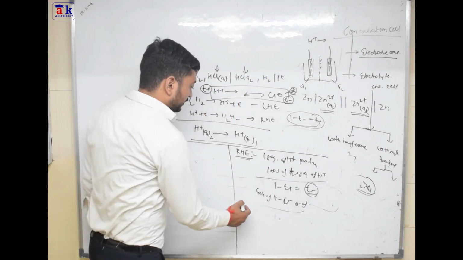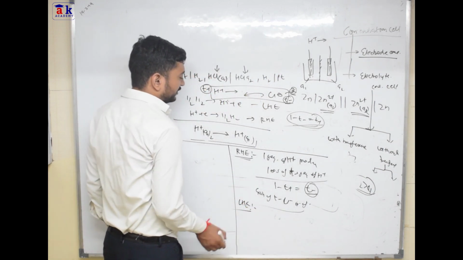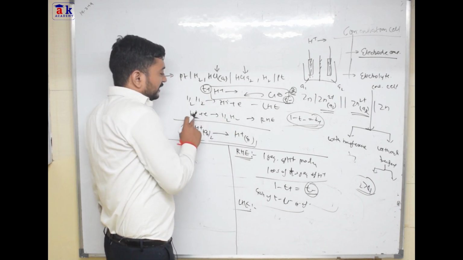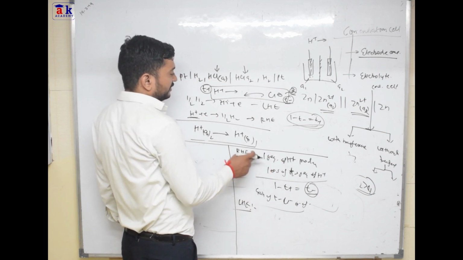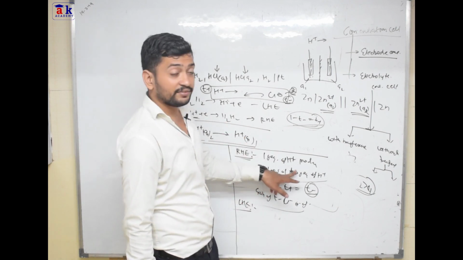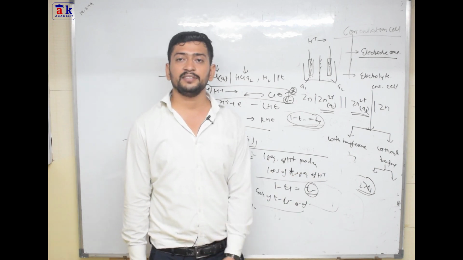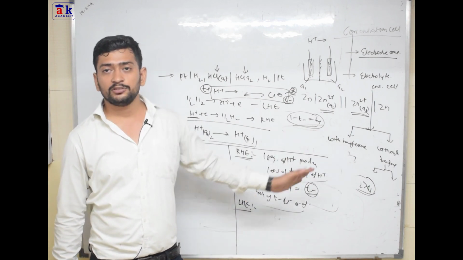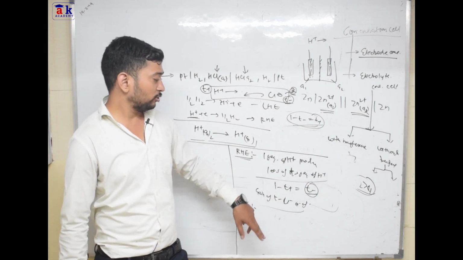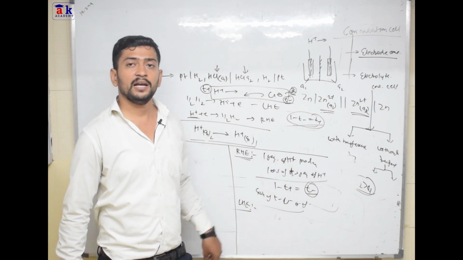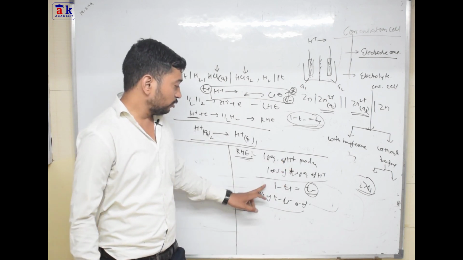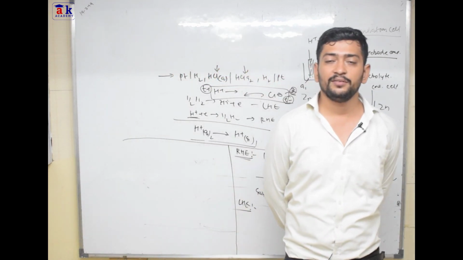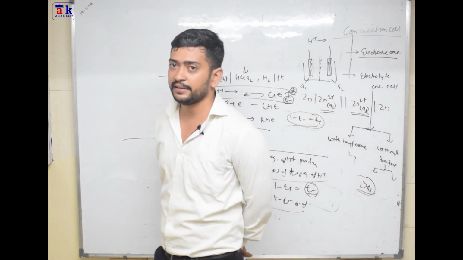And for the left hand electrode, the same thing is happening. Here 1 gram equivalent of H plus is getting consumed, and there is gain of t plus H plus, because t plus is migrating from this side to that side. So there is gain of t plus and loss of 1 gram equivalent, so in that case also there will be t minus H plus, right? And also there will be loss of t minus Cl minus gram equivalent.